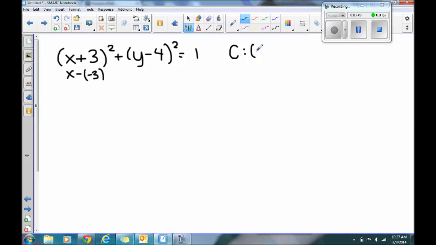So our h is going to be negative 3. And if we have y minus k, then that means k is going to be positive 4. And we know if r squared is equal to 1, then when we take the square root of that, it's going to tell us the radius of our circle is equal to 1.